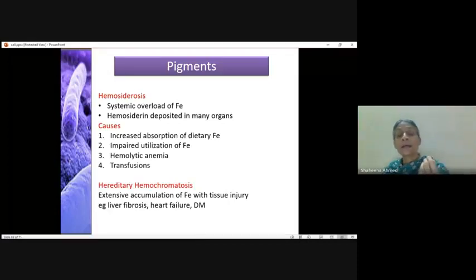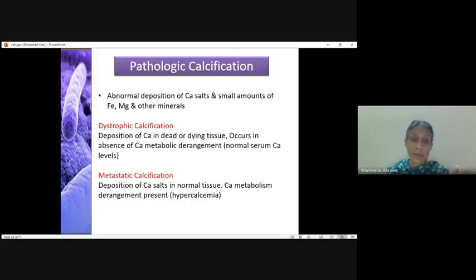If you find there is overload of iron in your body, but there is no damage or no dysfunction seen in any tissue or organ of the body, then we call this condition hemosiderosis. But if we find there is overload of iron, hemosiderin is deposited in many organs, and it is causing dysfunction to these organs, damaging those organs, then this condition is known as hemochromatosis.